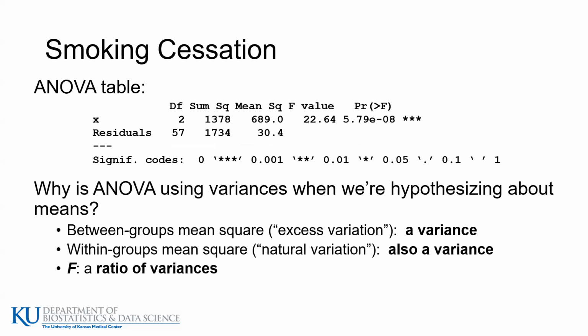Our hypothesis is related to the means, so why are we looking at the variance rather than the means? Well, the ANOVA test breaks down the mean square, which is the excess variation.